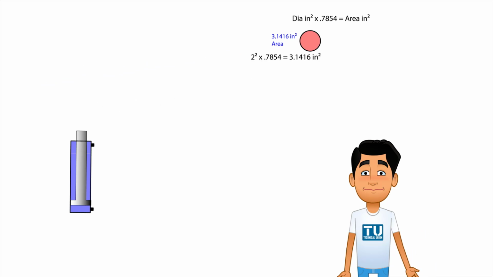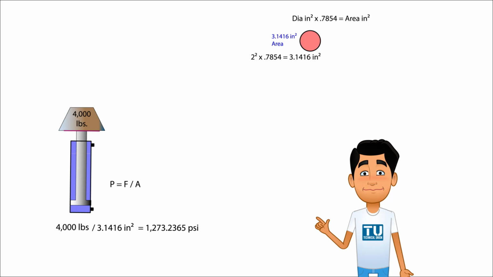If we want to lift 4,000 pounds with this cylinder, we will use the formula P equals F divided by A. So we have 4,000 pounds divided by 3.1416 square inches equals 1,273.2365 psi.